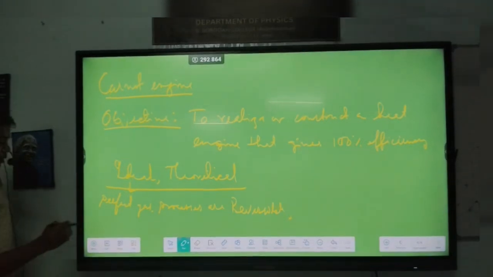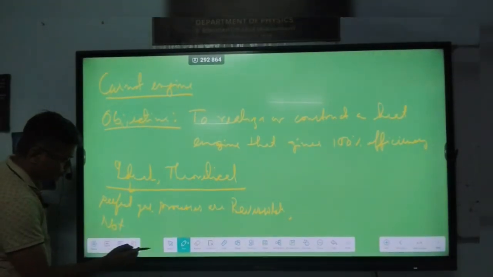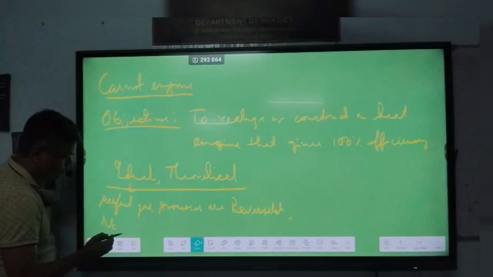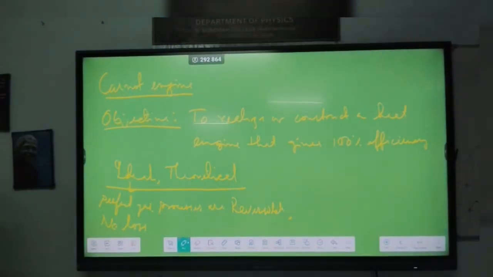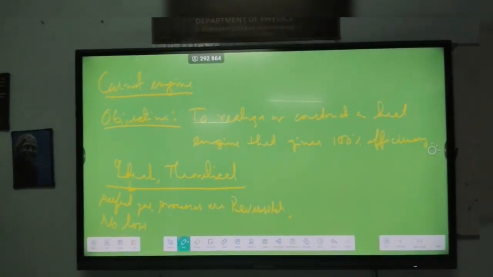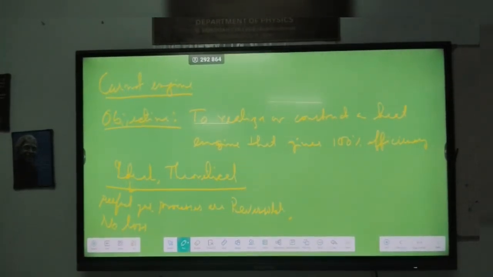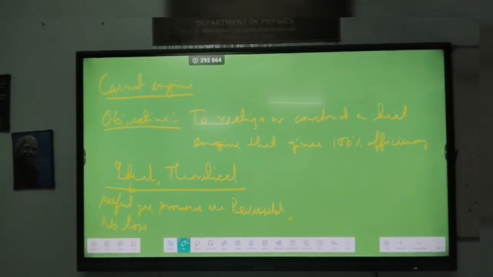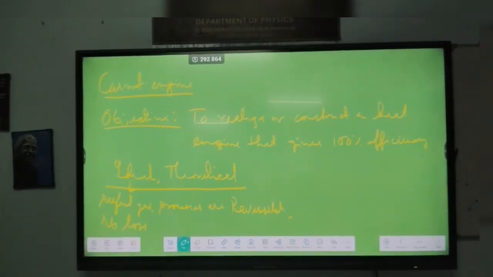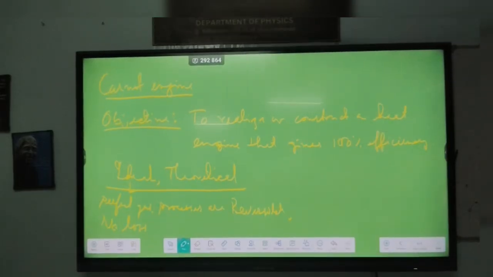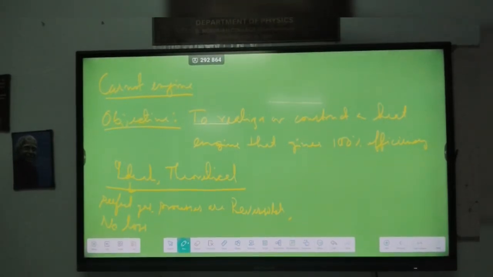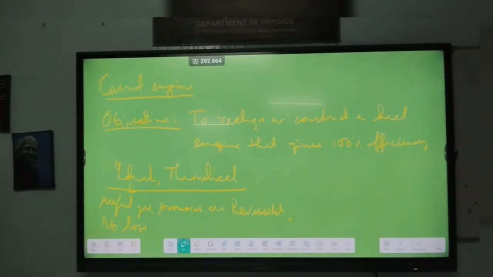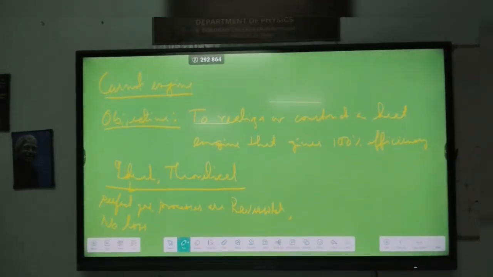Reversible process means no loss. So he made all possible idealized cases, as ideal as possible. There will be no loss due to friction and all. It's a perfect gas. Processes are reversible. So there is no way of getting away from the ideal situation. He has strictly stuck to the ideal situation.